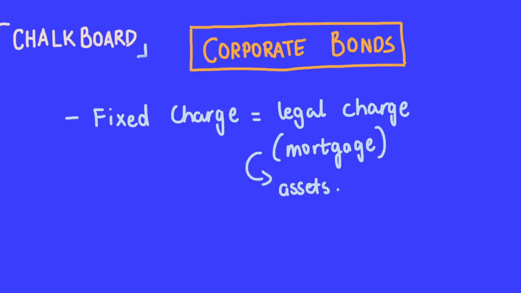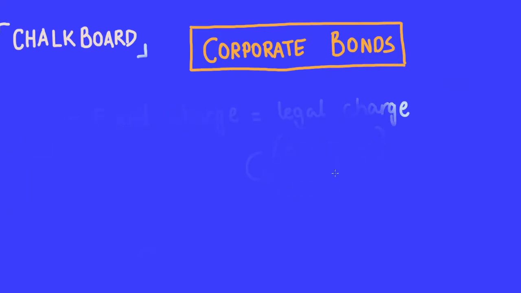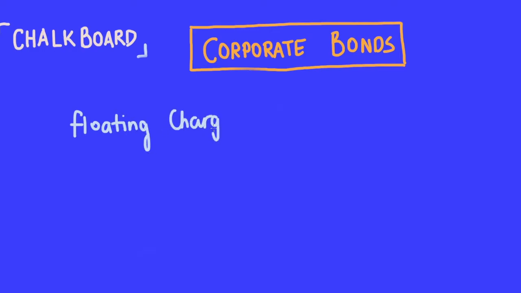So the first one is fixed, which, as I said, is fixed on the company's permanent assets. And the second one is something known as a floating charge. So we have fixed charge and we have floating charge. Now, a floating charge places a more general charge on the assets that flow in and through the business.